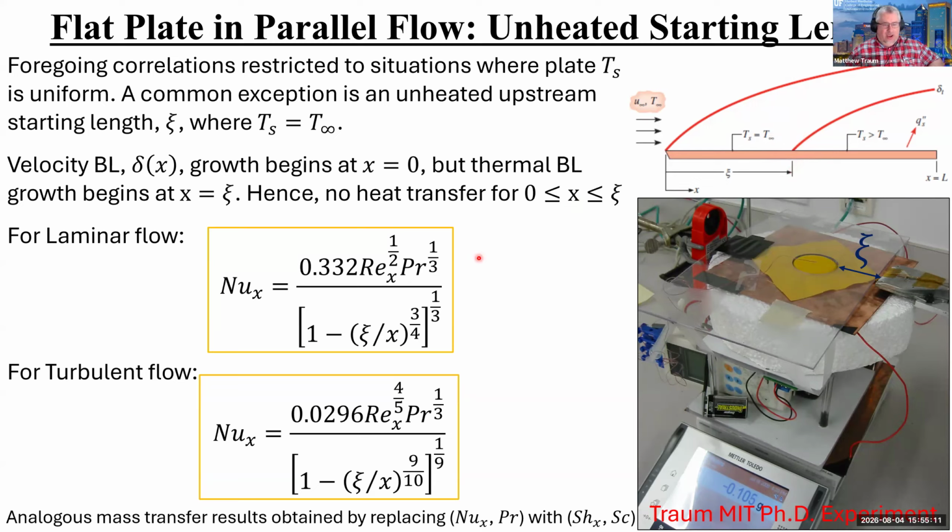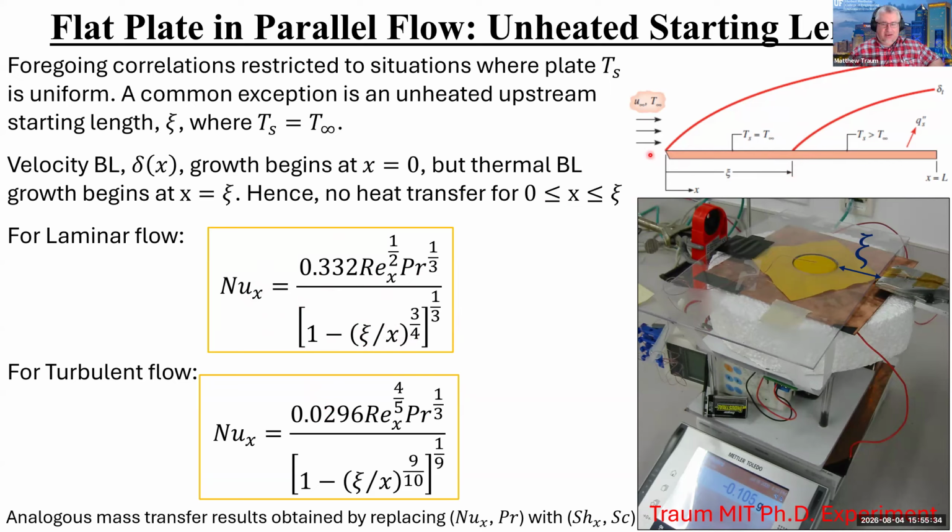So the way that we handle this is take our original convection coefficients, our original Nusselt numbers, and we divide them by this correcting factor. So this factor is the quantity 1 minus zeta over x, right? Zeta, again, is that initial distance that's not heated.